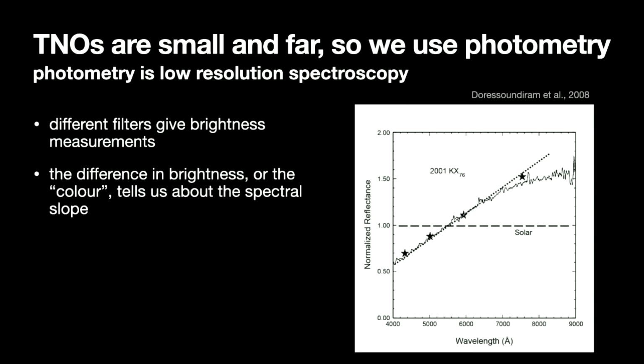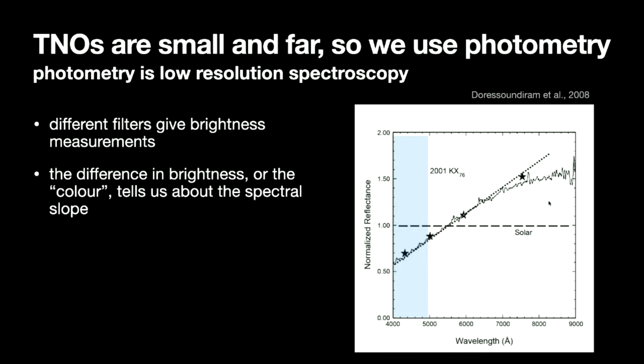What we do with TNOs is we take images in multiple filters, and the different filters correspond to different wavelength ranges. Because there are going to be different levels of brightness across the different filters, we can subtract the brightness between two filters to get a color, which tells us about the spectral slope. On the right here, there's a plot of a spectrum of a TNO, one of the few TNO spectra we have.